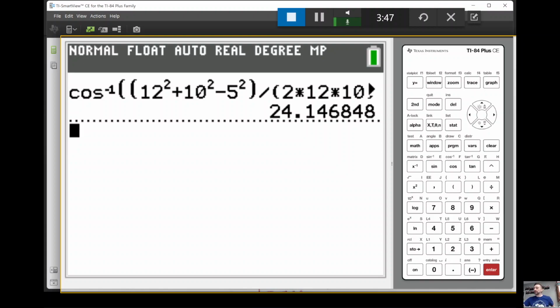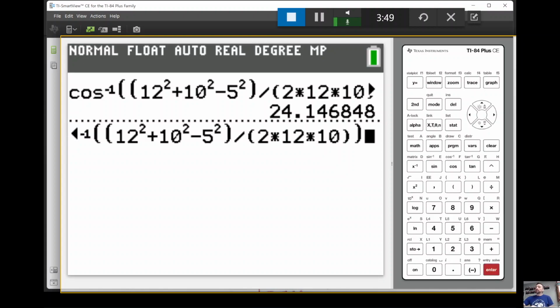So there's angle A. And then angle B is going to be very, very similar, just the numbers are going to be in a slightly different spot.